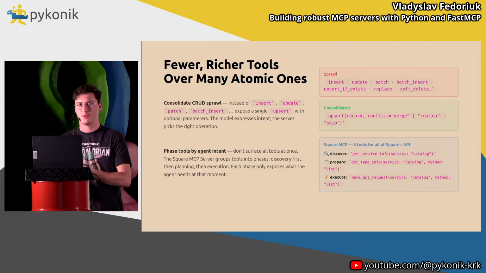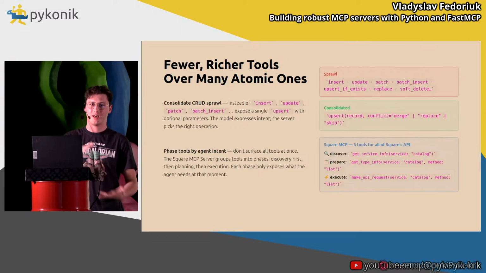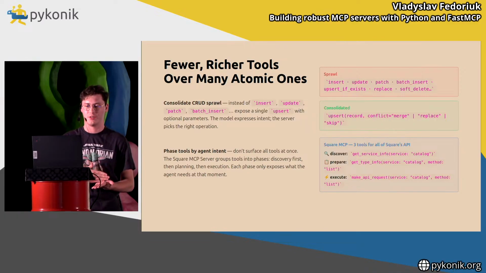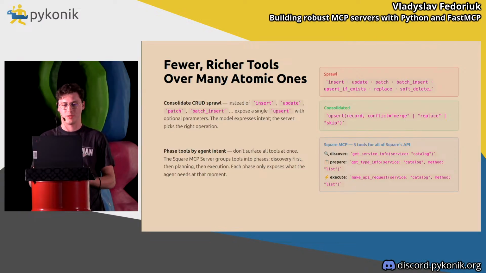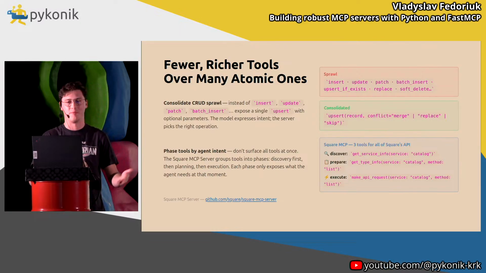Then for each operation, it would allow you to discover the type of that operation, what arguments it supports, and how it basically works. And then it will just have a single execute tool, which would make an API request, which is also a great way to tackle this problem of trying to cover all of your public APIs in a single MCP server.